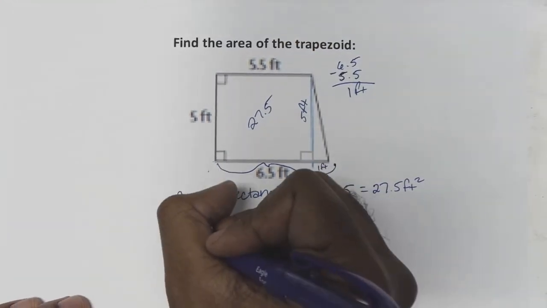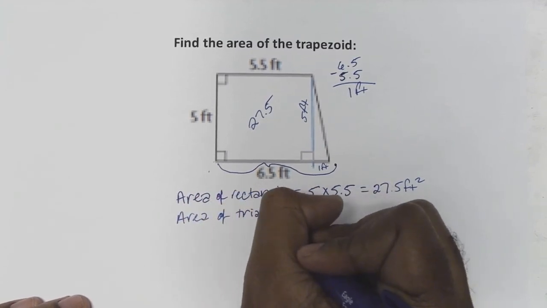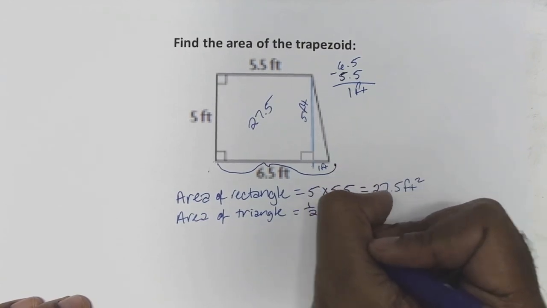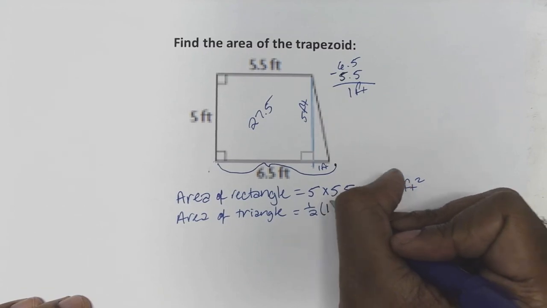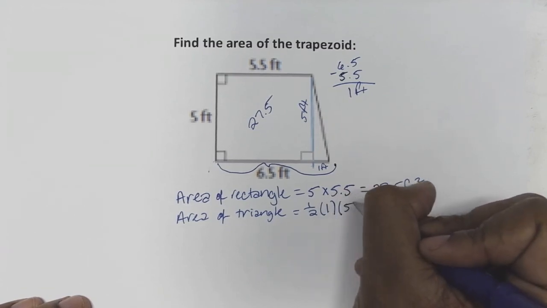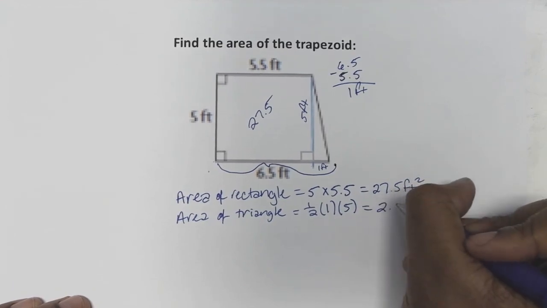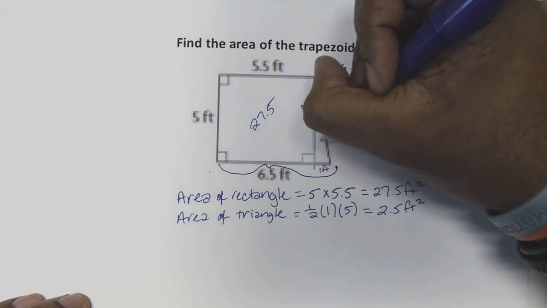So now I'm going to find the area of my triangle. That is 1/2 times my base, which is 1, times my height, which is 5, which is going to give me an area of 2.5 square feet, or feet squared.